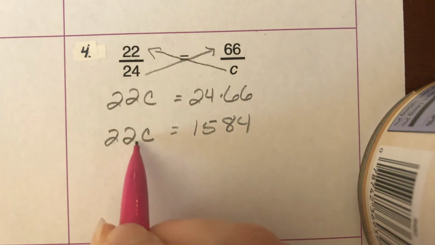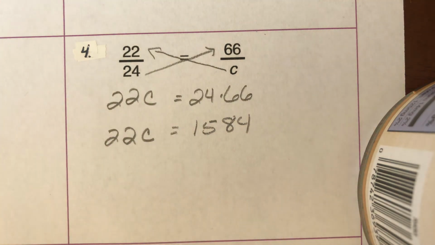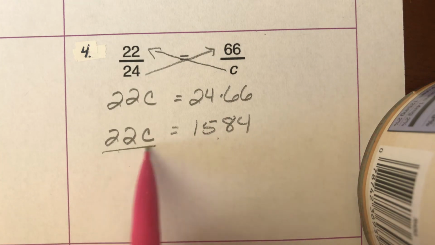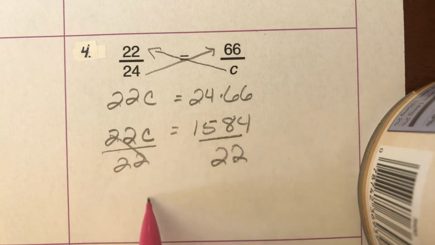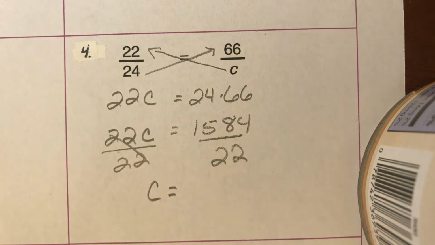I'm just rewriting my 22C down. One-step equation, inverse operation. I'm going to divide by 22. In my calculator, 1,584 divided by 22 is 72.